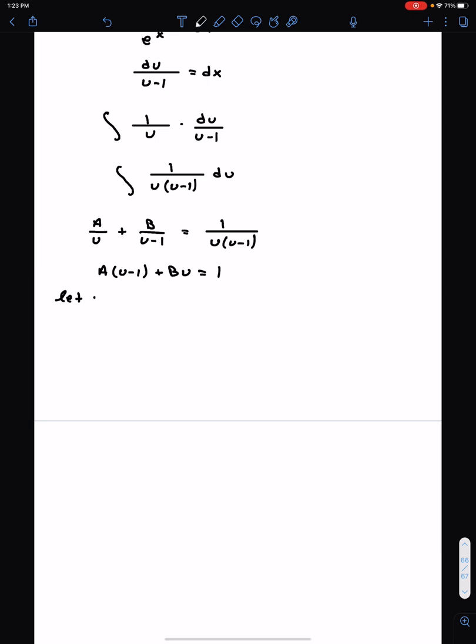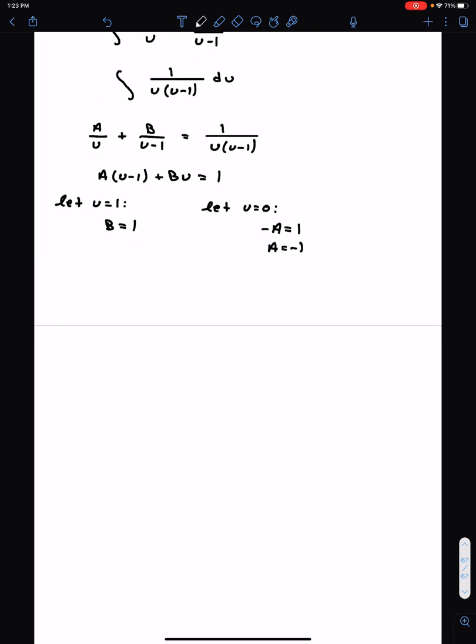If I let u equal 1, and if I let u equal 0. If u is 1, I have b is equal to 1. If u is 0, I have negative a is equal to 1. So a is negative 1. Or you can equate coefficients.